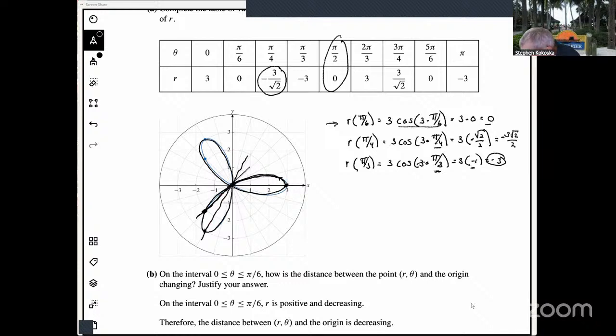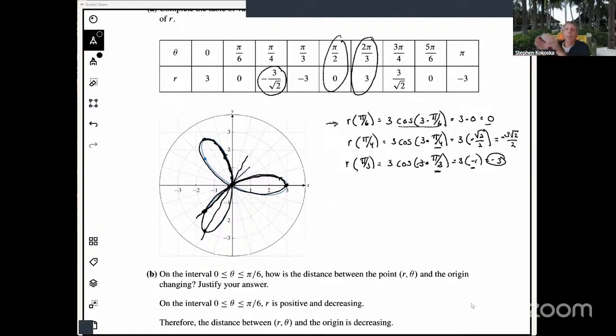And now I'm at the pole, and as theta increases, it's actually going to be moving up along here to this point. Notice when theta is 2 pi over 3, there's a lot of symmetry here. I'm a distance of 3 units from the pole, from the origin. So between pi over 2 and 2 pi over 3, we're looking at this part of the curve right there.